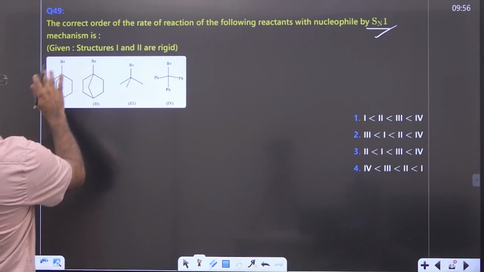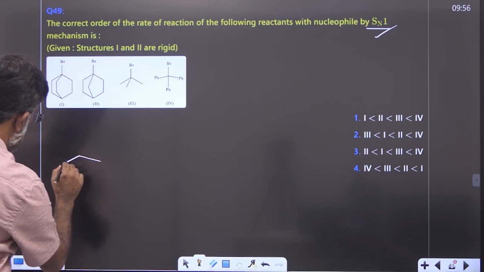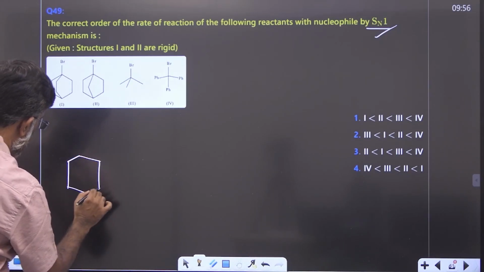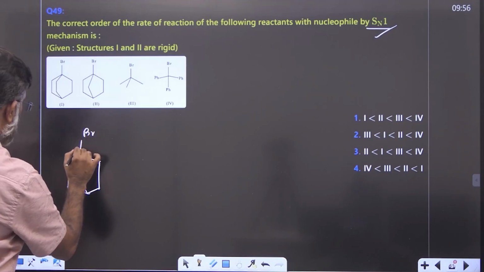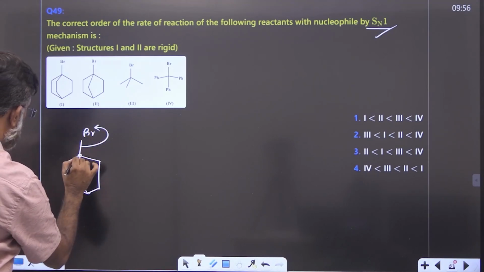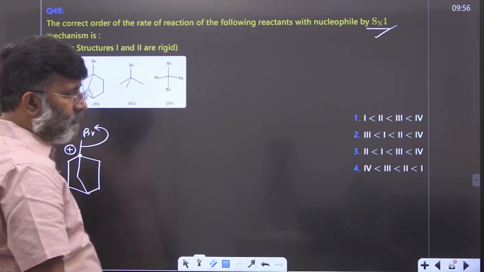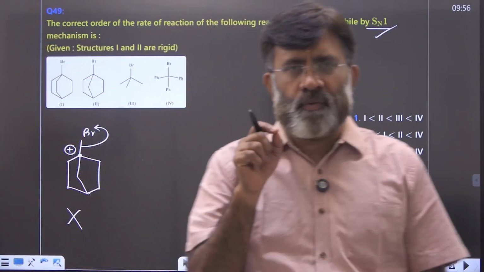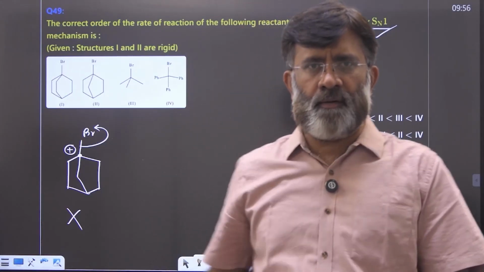You see, these two are bicyclo rings, and imagine the bromine goes and this carbon turns into a carbocation. This is less favorable. A positive charge on a bridgehead carbon is unfavorable.